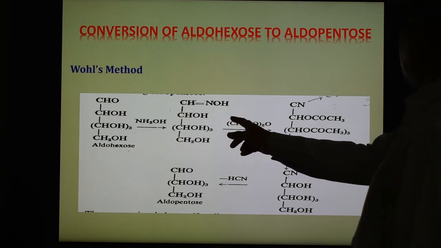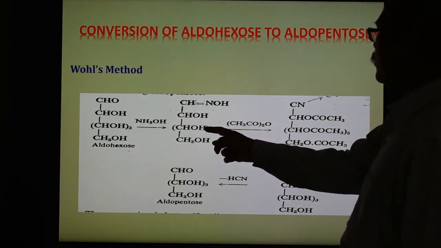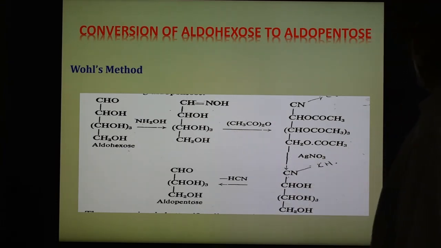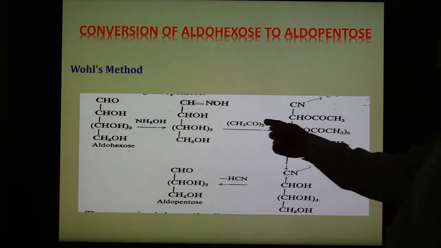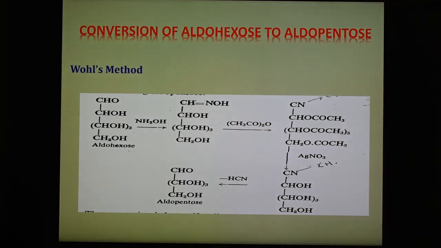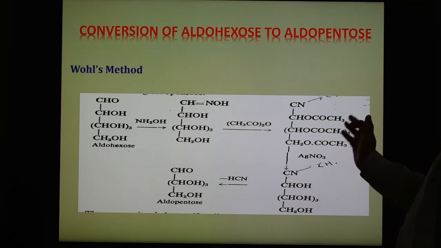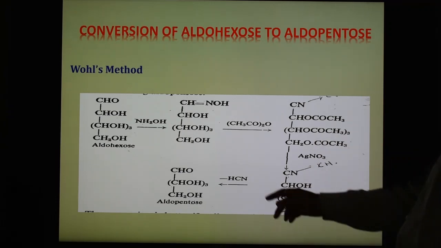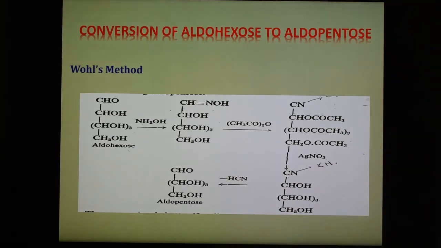We have to take the 5 carbons here, 3, 4, 5, so one hydrogen from each of these gets replaced, and in place of that, acetic acids are formed and the acetyl group is attached here, 1, 2, 3, 4, 5, and we get this acetylated compound. After that, we get the removal of this acetyl group, and we get this type of compound, and then again by removing this HCN, we get this aldopentose.